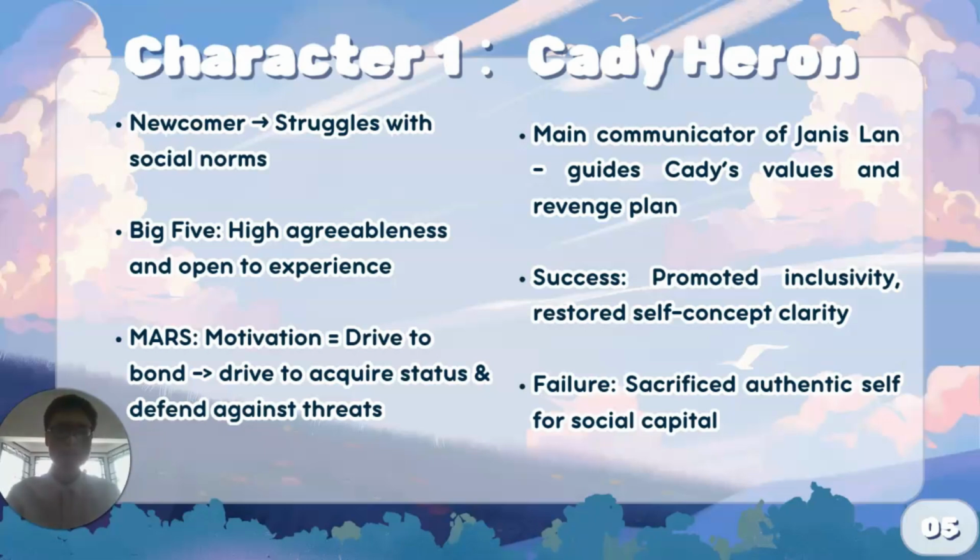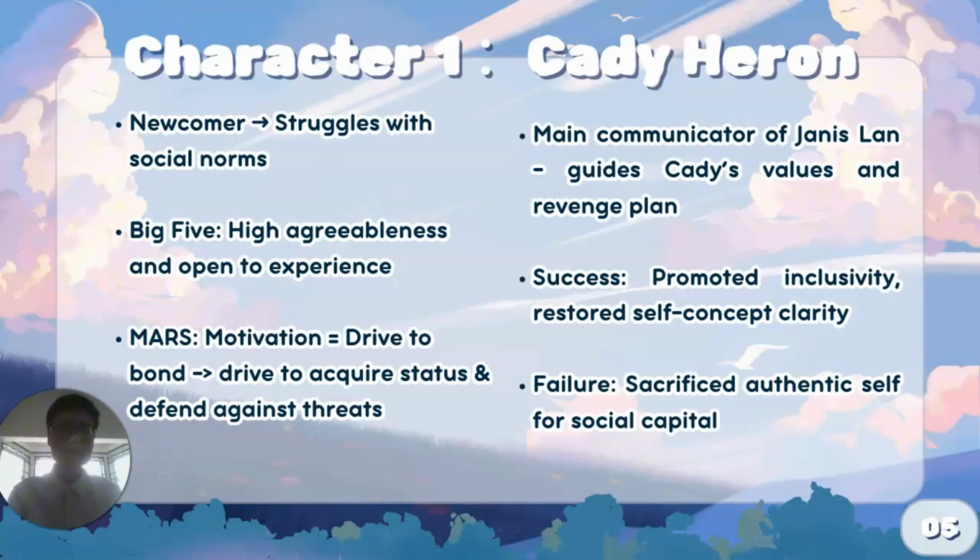Her initial personality, based on the Big Five, is high agreeableness and openness to experience, which can be seen in her willingness to make new friends. However, she completely lacks the learned capabilities to navigate not-so-simple social structures, making her highly susceptible to the organizational culture.